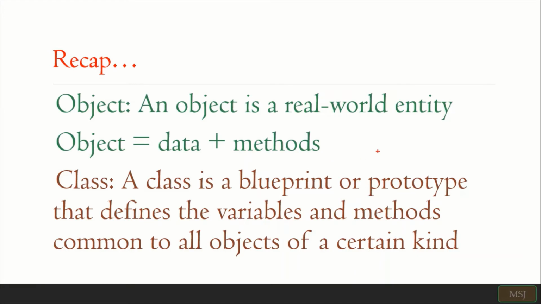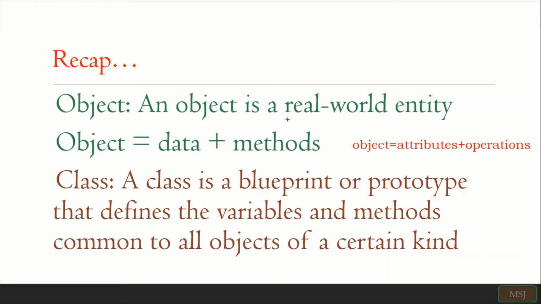That's what we saw in the previous class. What we can write is an object is equal to attributes plus operations, right? Then both are same. Attributes means data and operations means methods. Then we will be using some other words which are very similar to data and attributes.